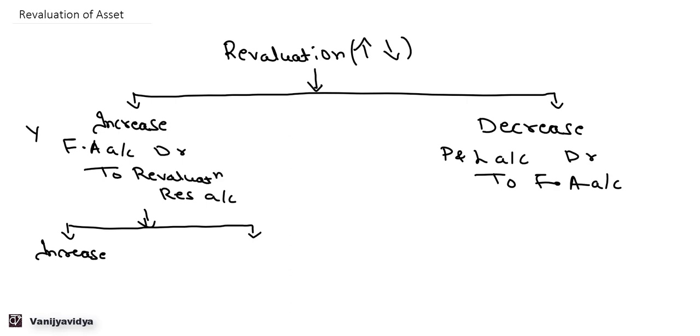Say in year 1 there was an increase, then subsequently in year 3 there was an increase in the revaluation of the asset. So again the entry will be fixed asset account debit to revaluation reserve account. The same entry will be repeated here.